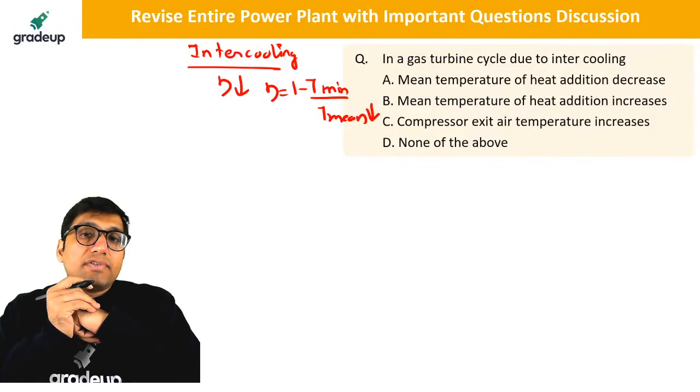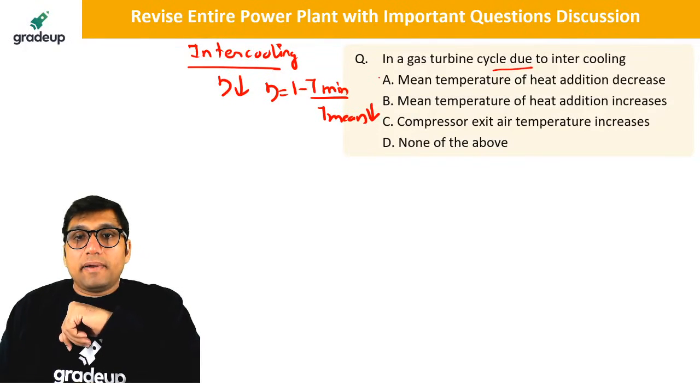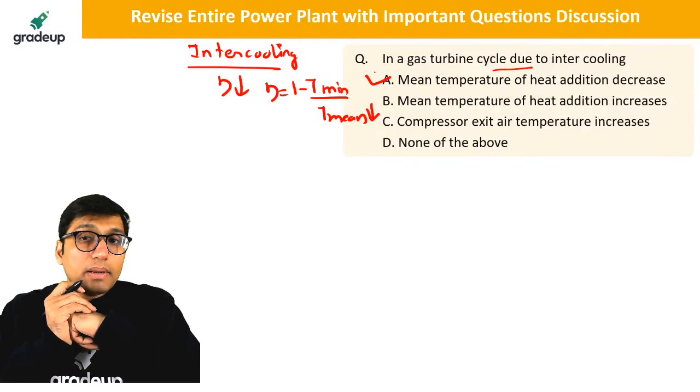So we can say that in a gas turbine, due to intercooling, the mean temperature of heat addition will decrease. Clear, everyone?